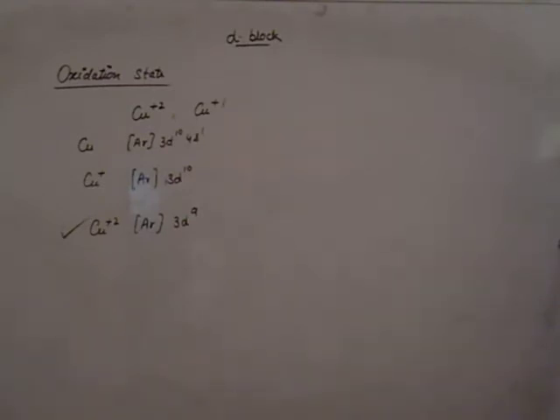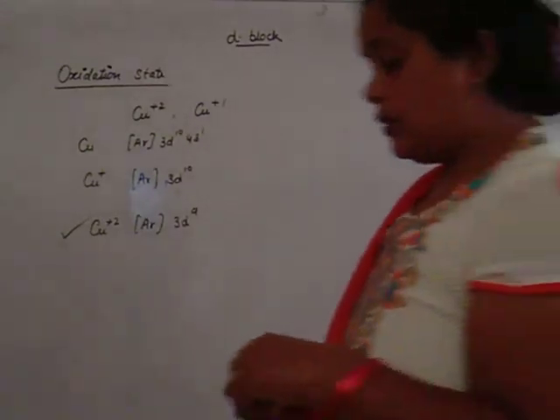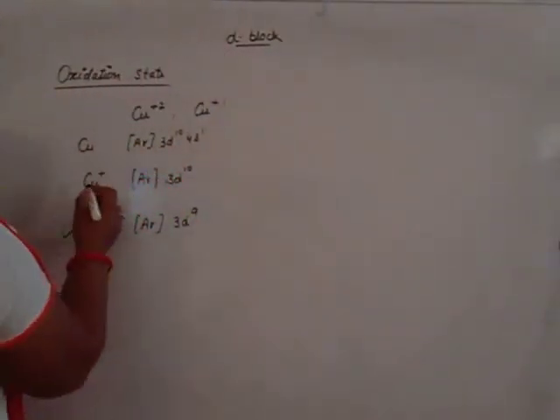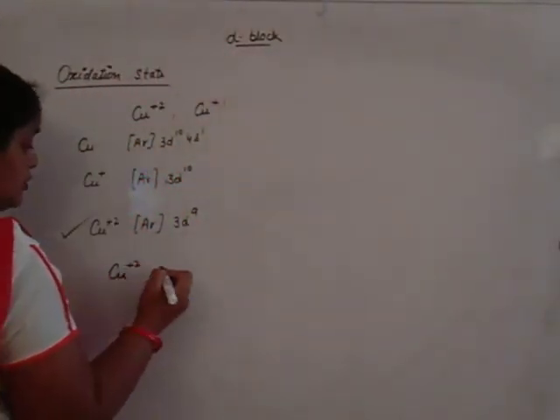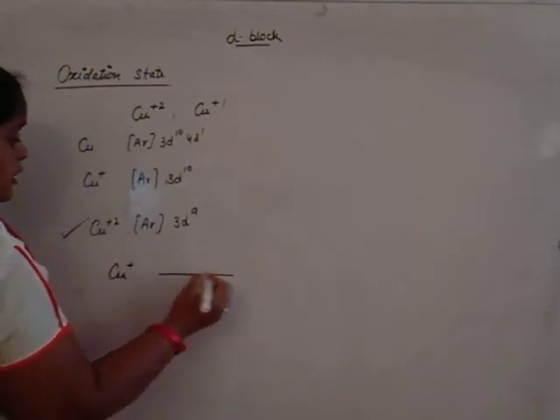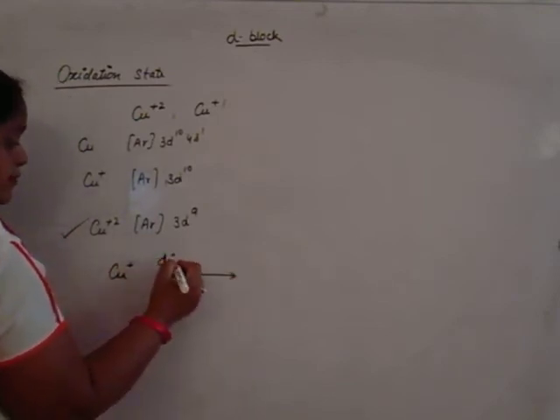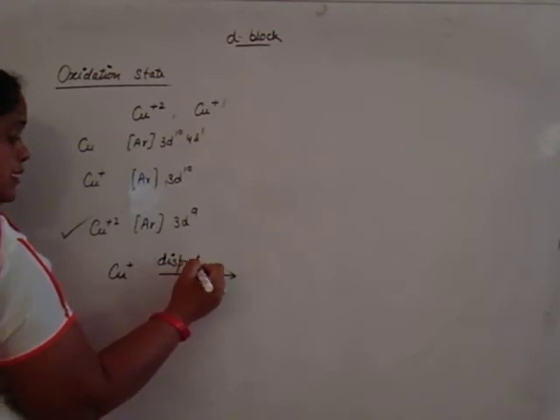Because copper +1 is easily reduced as compared to copper +2. Or in aqueous solution, copper +1 shows a disproportionation reaction.